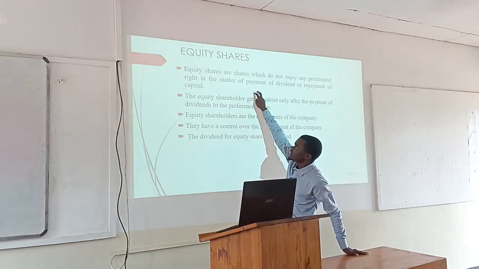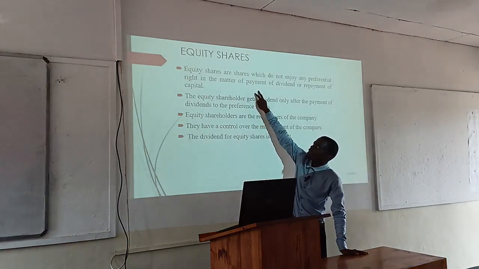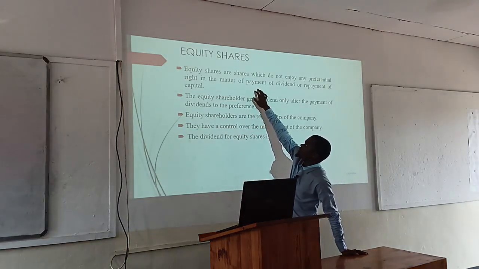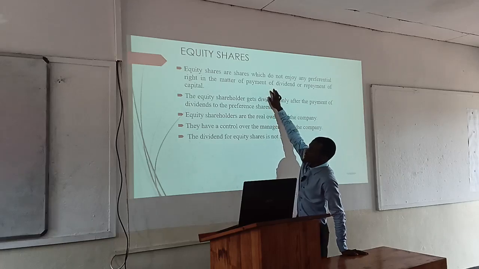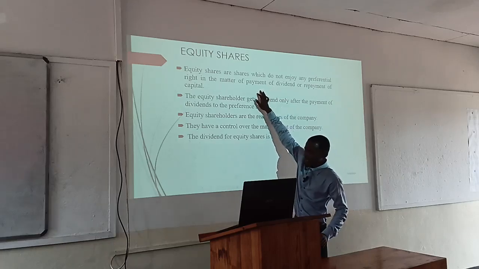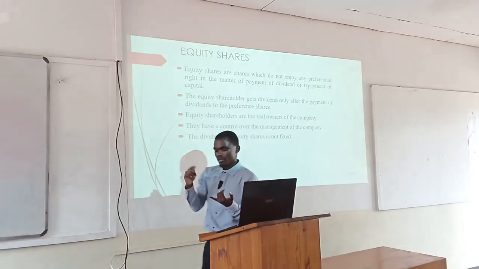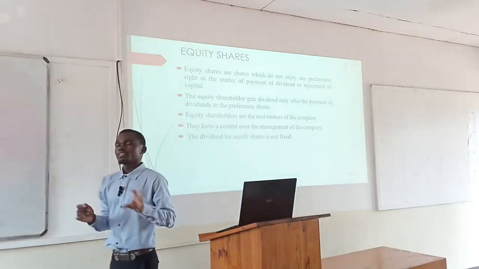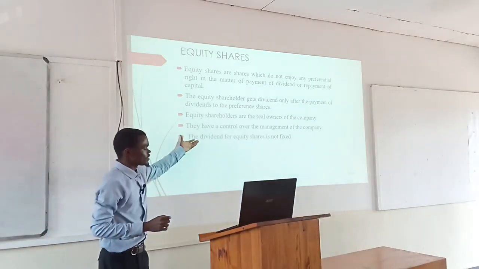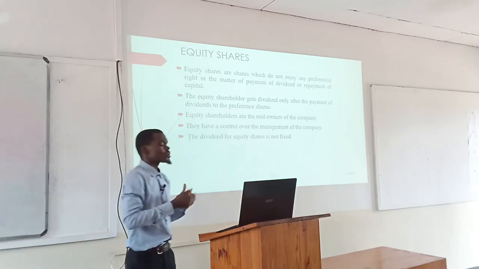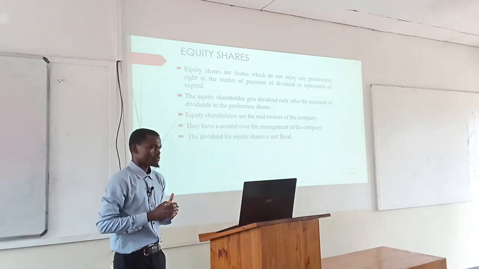The first privilege they are not entitled to is in the way the dividends are paid. This type of shareholder receives dividends only when other shareholders have received their dividends.